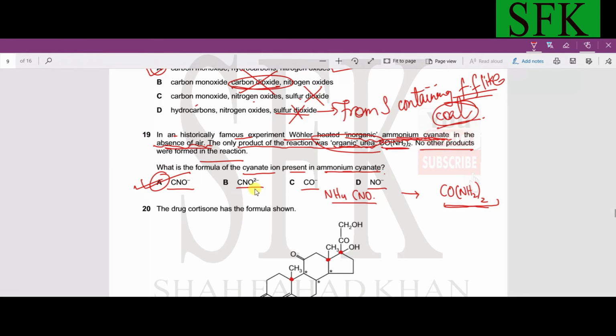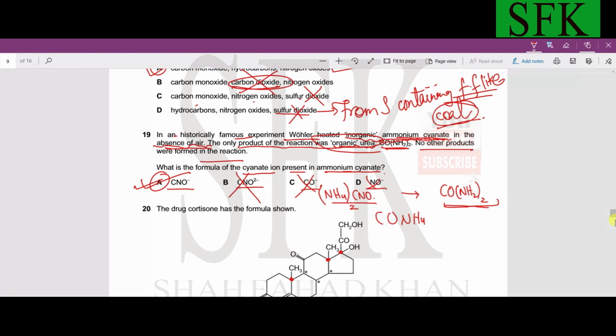B does not balance the equation because in B you'll have 2 moles of ammonium, giving three nitrogen atoms on the left-hand side and two nitrogen atoms on the right-hand side. What about CO only? Only CO present with ammonium will again not balance the equation. And only NO present with ammonium will again not balance the equation. So the best option is A.